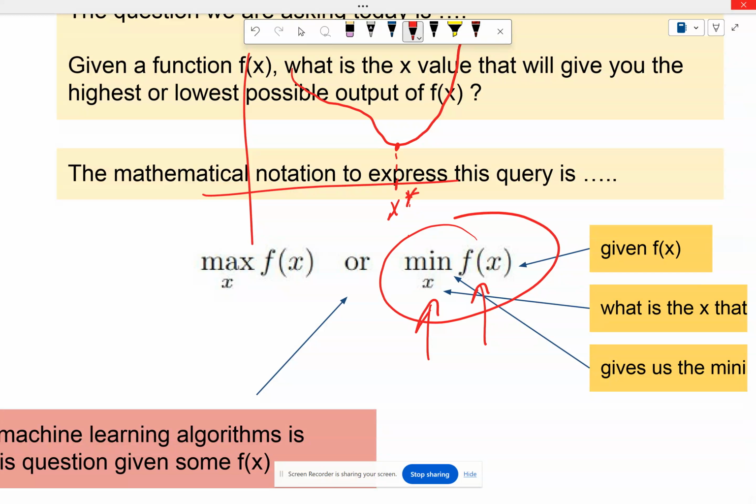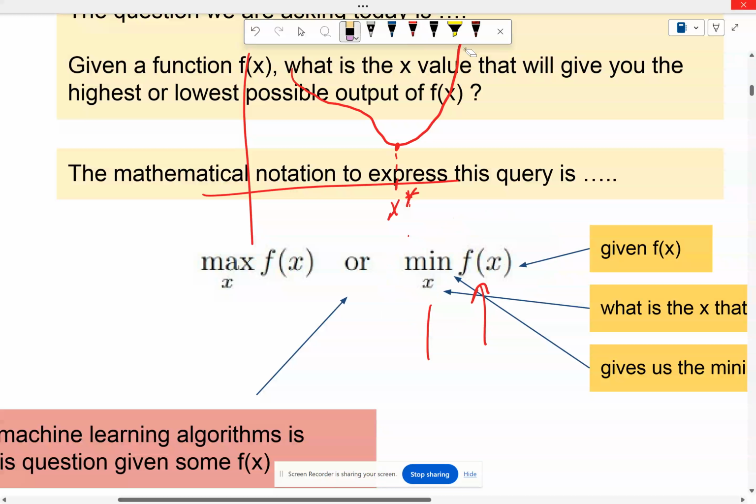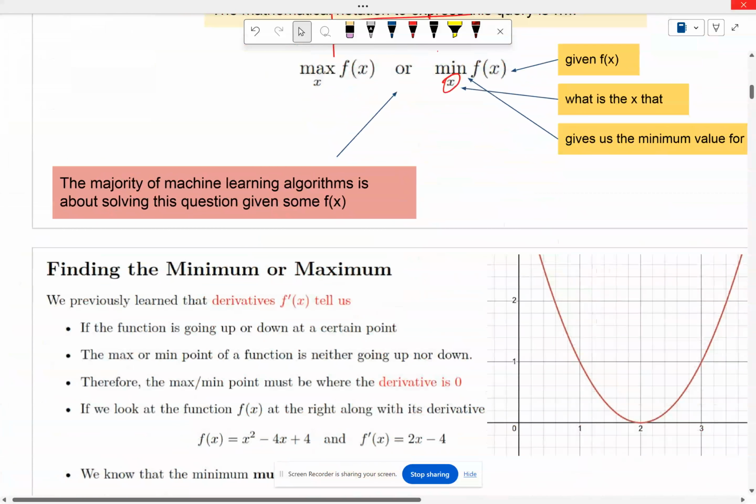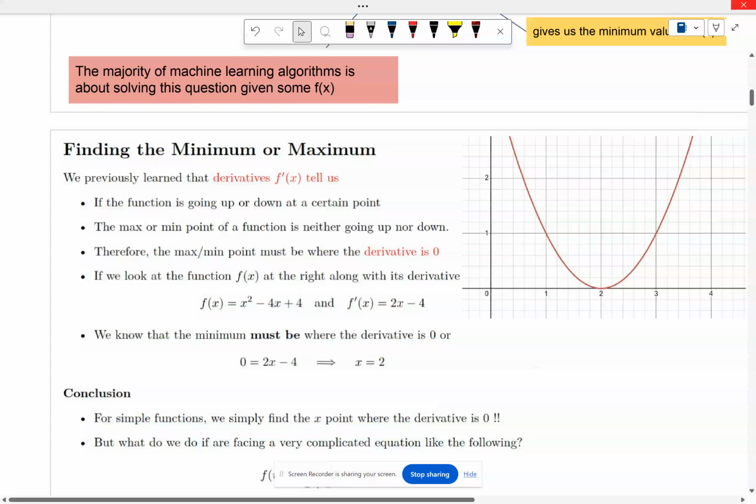We want to push the cancer rate as low as possible. So minimization is trying to find the input, the state you're at, such that your cancer rate is the lowest, for example.